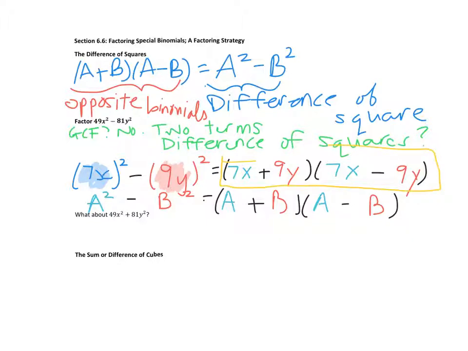Okay, and now let's consider this. What happens if instead of minus, we have a plus? So 49x squared plus 81y squared. Notice we have two terms, but it's not a difference of squares. It's a sum of squares.